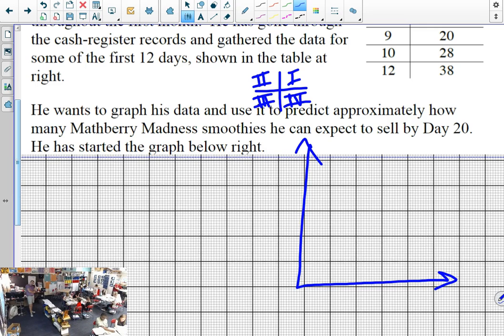It's missing something, and it looks really nice, right? His graph looks really good. All those dots are perfectly lined up on those lines. So, actually, I want your group to talk about 2 things, and this goes a little bit beyond what their question asks. 1, is this graph right?